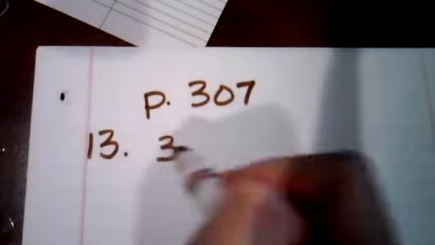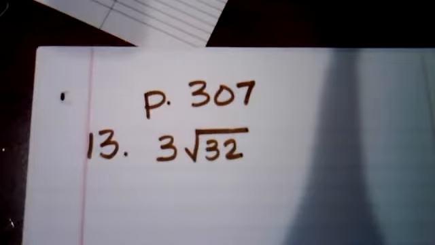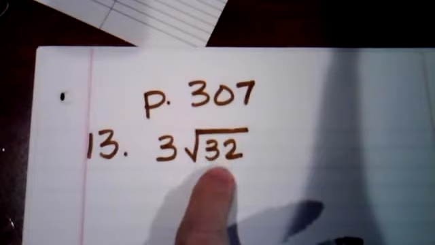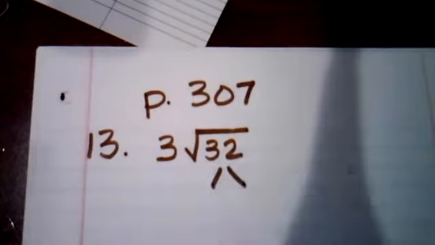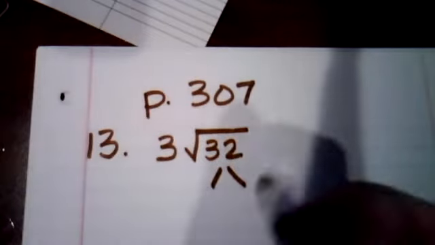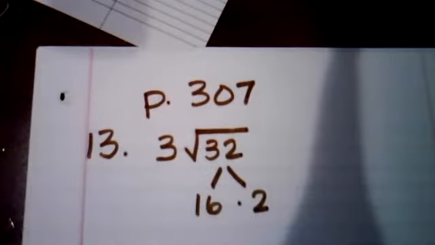So we have 3 times the square root of 32. One thing you need to do is ask yourself, is there a perfect square in this number? Like, can I branch it out to be a perfect square times something else? In this case, hopefully you thought of 16.